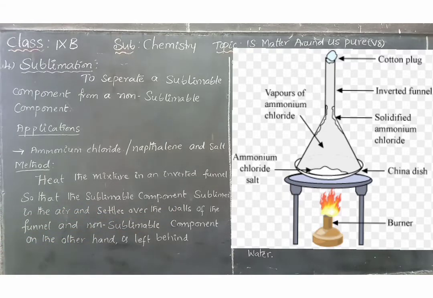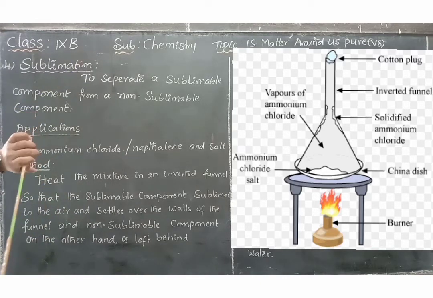Whenever heat is applied, the easily sublimable component strikes and attaches to the walls of the funnel, and the non-sublimable component, on the other hand, is left behind. The non-sublimable component remains behind in the same container, so by using this technique we can separate the sublimable component from the non-sublimable component.